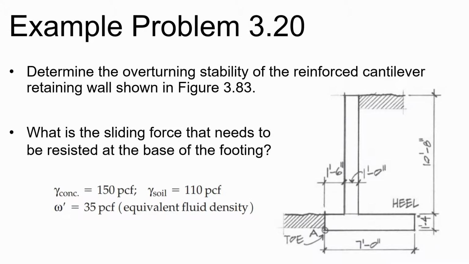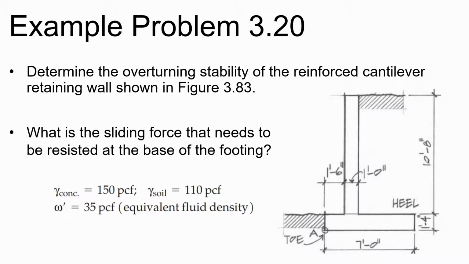Example problem 3.20 asks us to determine the overturning stability of the reinforced cantilever retaining wall shown in figure 3.83 of the textbook. It also asks what is the sliding force that needs to be resisted at the base of the footing.